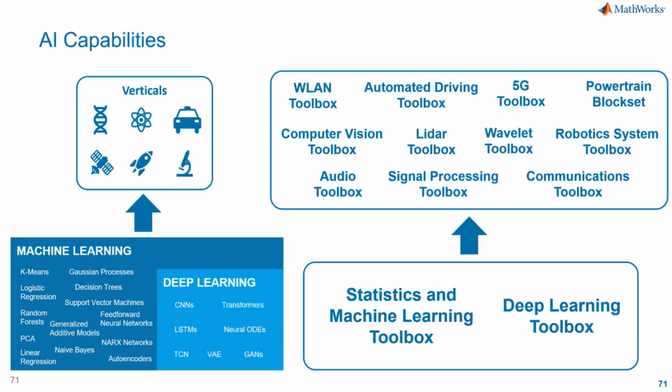Okay, to summarize the AI, there are different applications in terms of perception in ADAS and AD, reduced order modeling, virtual sensor modeling, reinforcement learning, and predictive maintenance, right? In terms of tooling, we mainly have the machine learning and deep learning toolboxes as a foundation of the AI features that we offer.